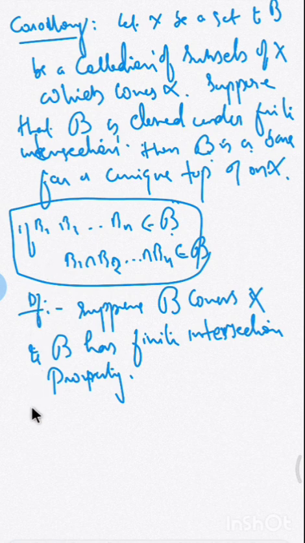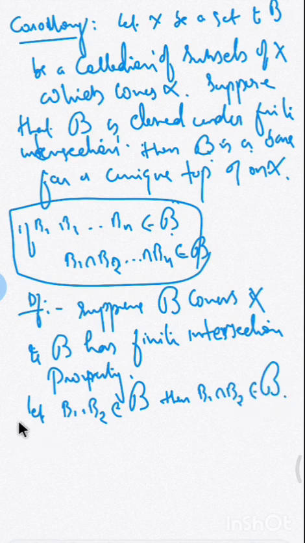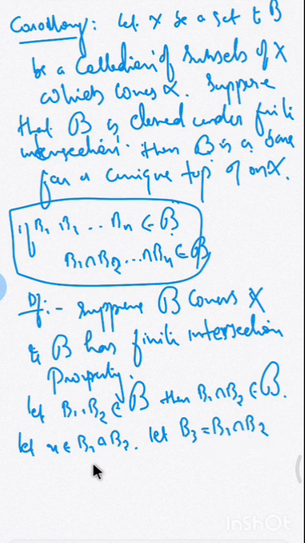Now let B1, B2 be two elements in script B. Then by the finite intersection property, B1 intersection B2 also belongs to script B. Now let X be an element in B1 intersection B2. I take B3 as B1 intersection B2 itself. Then B3 belongs to script B because it is this intersection, and X belongs to B3.